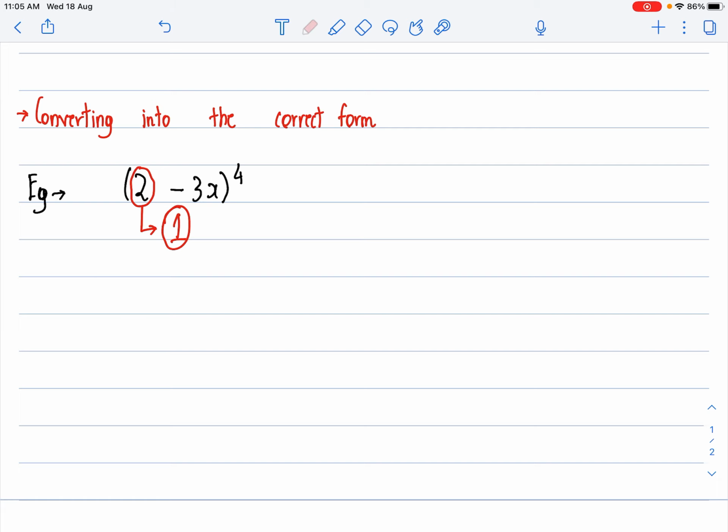That means what I can do is, in this case, I can take the 2 outside the bracket. So I get 2 raised to 4. Inside the bracket I get 1 minus, because I've taken 2 outside, 3x over 2 here because I've taken 2 common, raised to 4. This is what you need to know.